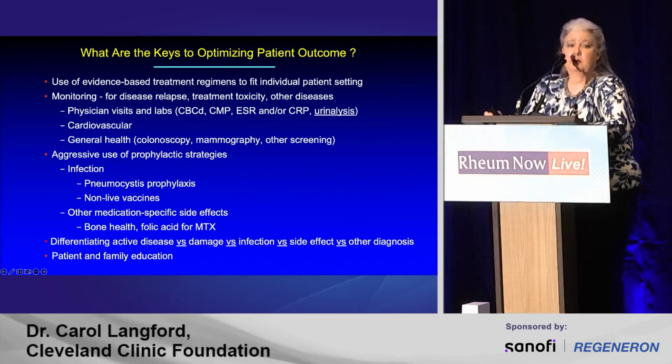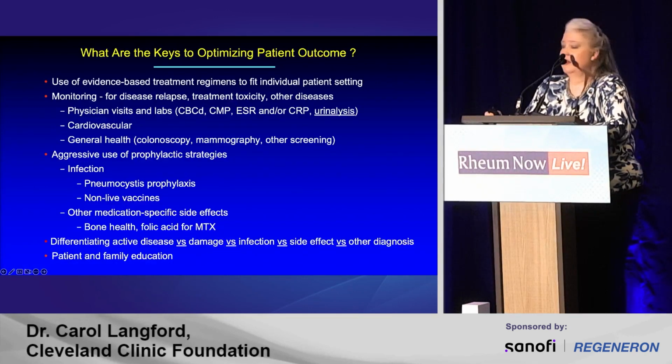Optimizing patient outcome also goes beyond immunosuppression. In addition to the use of evidence-based treatment regimens, as we've discussed, monitoring is incredibly important, looking for disease relapse, treatment toxicity, and the emergence of other diseases. This is accomplished by our physician visits and labs, and what I monitor is complete blood count, chemistries, a marker of inflammation, and very importantly, the urinalysis.